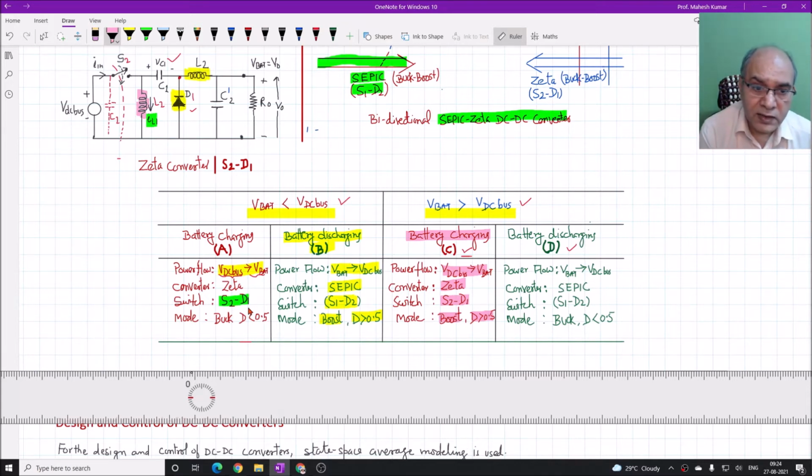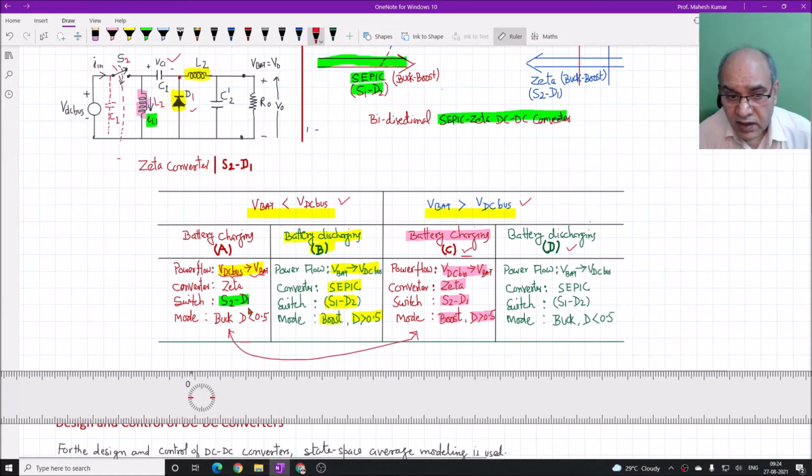If you compare these two cases, A and C, the difference is the buck and boost mode. For battery charging mode, power always flows from DC bus to battery, whether the battery voltage is more or less, it doesn't matter.